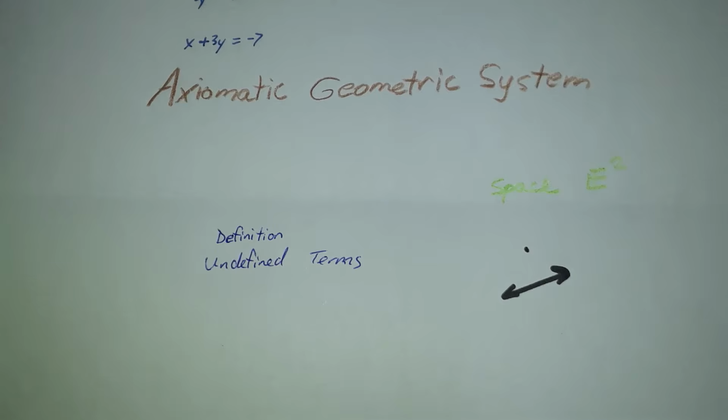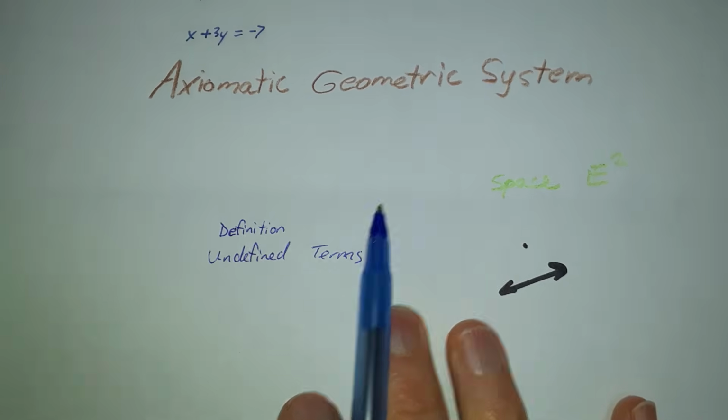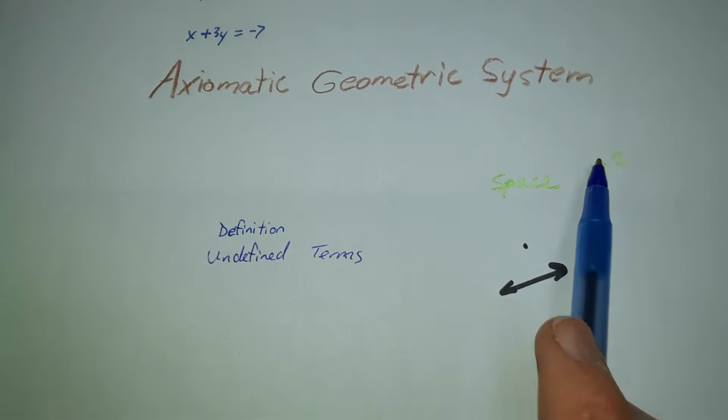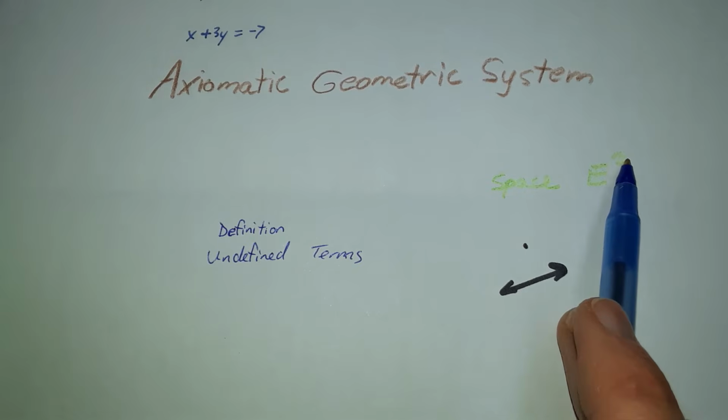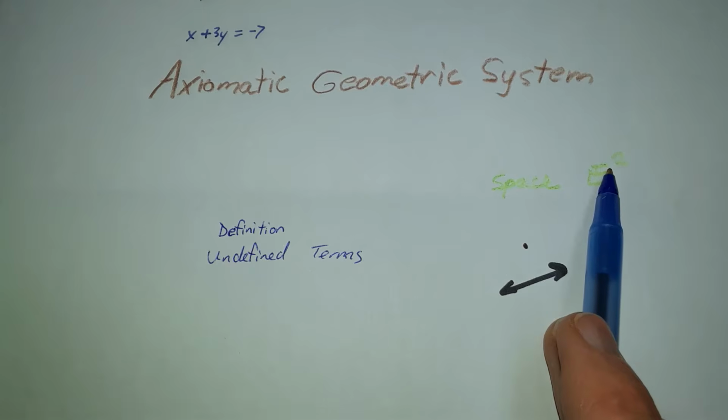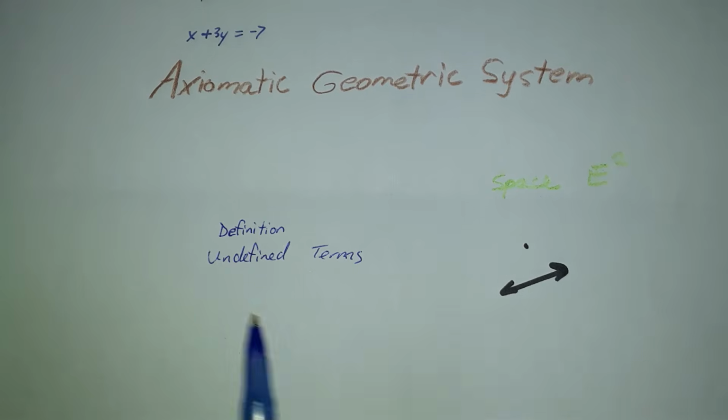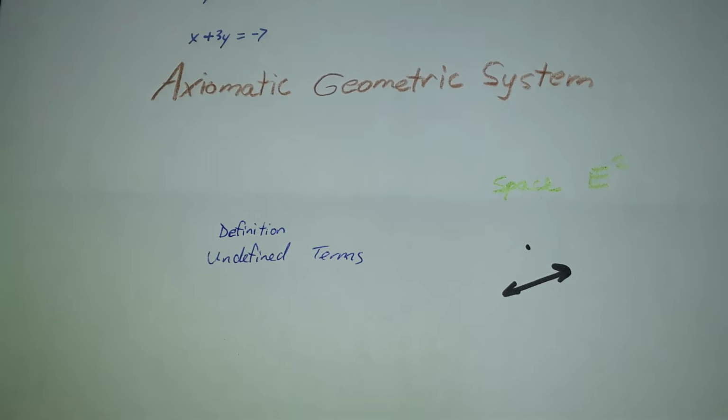In Euclidean geometry, which is what you typically learn in high school, it's things drawn on the plane. You could symbolize this as a bold E with an exponent of 2. This represents a two-dimensional plane in Euclidean space. So we're focusing on a specific type of geometry here when we do this.